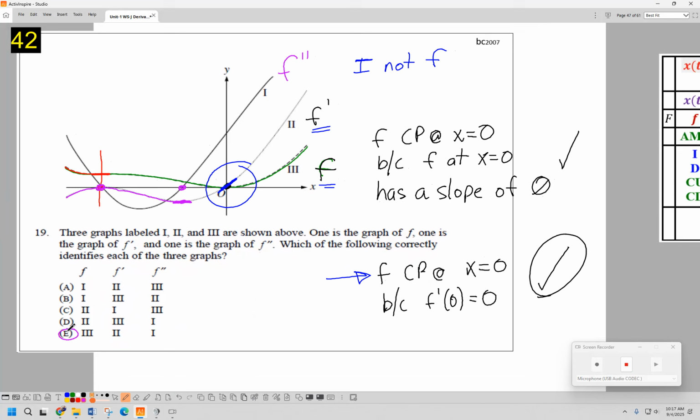Cool. Please. If you hadn't done that last step, like checking the slope of f prime, would it be possible that instead of f and f prime, 3 was f prime and 2 was f double prime? Does that make sense?